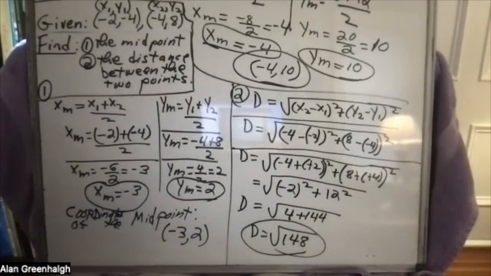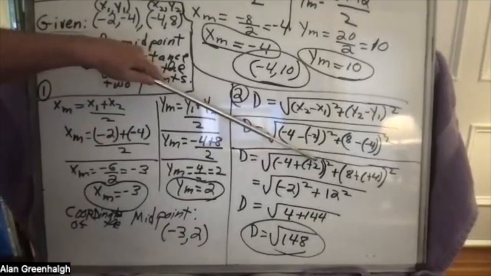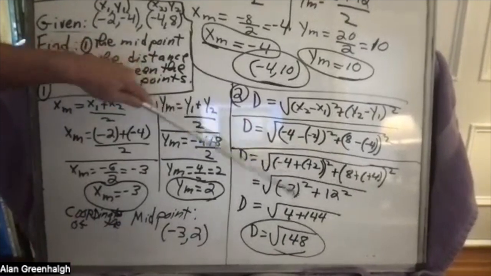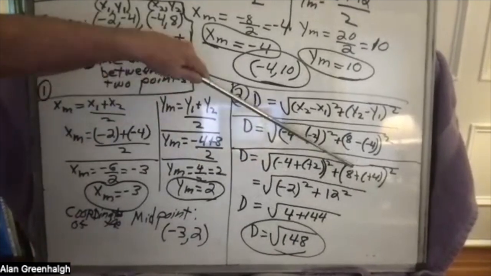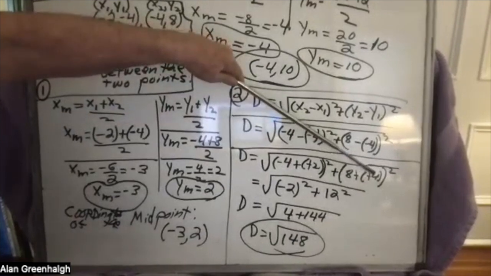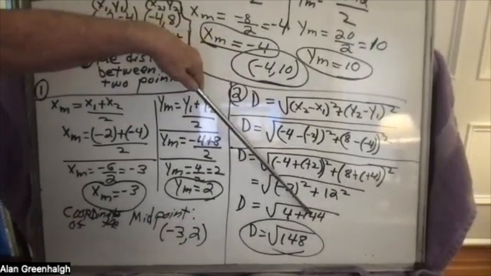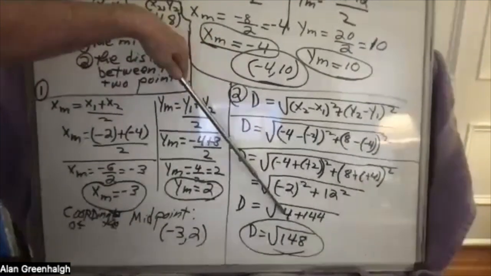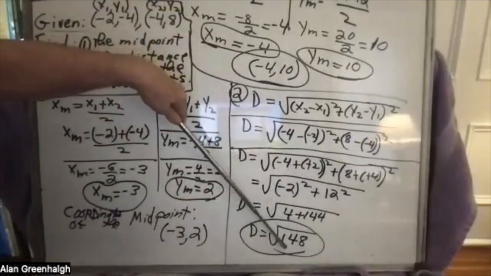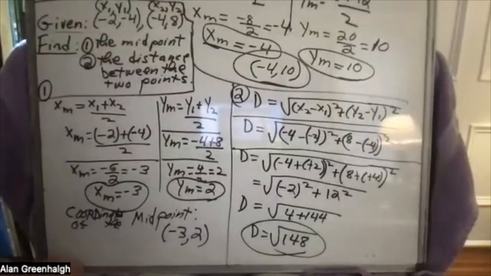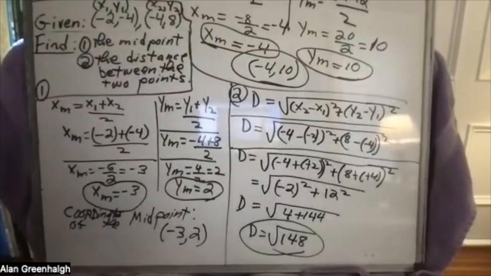Right now, I'm just checking my work. -4 plus 2 is -2, squared is 4, 8 plus 4 squared, 12 squared, 144. 144 and 4 is 148, and that's what the distance is between the 2 points.